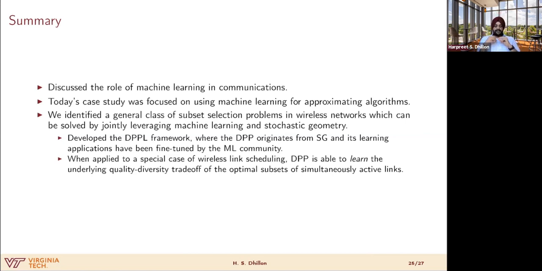And this idea of subset selection is not really limited only to link scheduling. There are many different types of subset selection problems which occur in wireless networks, and they can all benefit from this type of thinking, where you try to learn what your optimal algorithm is doing, then you come up with some probabilistic learning method to approximate that behavior. That's really what we did.